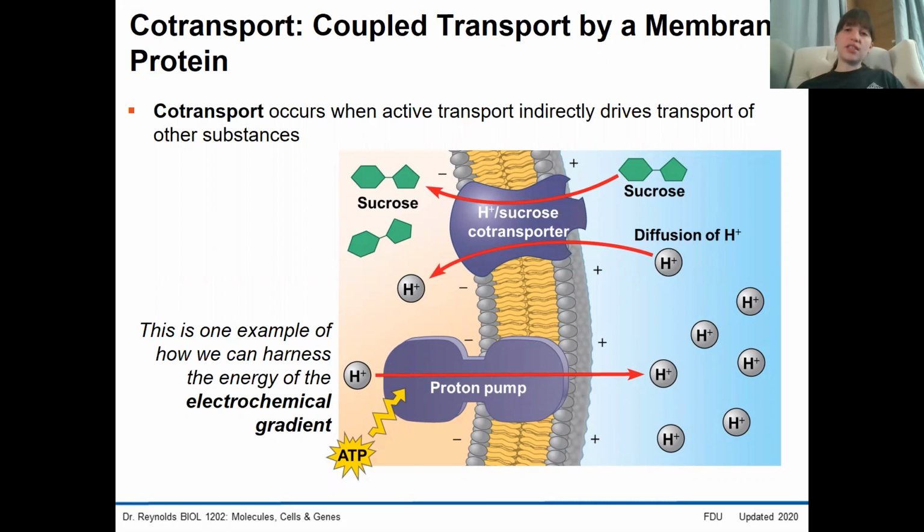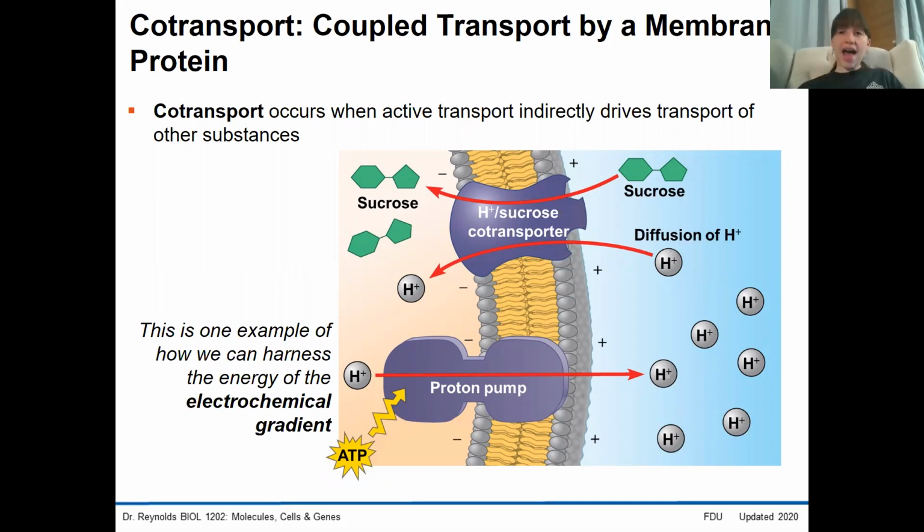But because this passive transport results in the release of energy, we can couple it to the transport of another molecule. When we do so, the energy used to pump the proton gets harvested in the transport of other substances. This is co-transport, co meaning both, because both of these substances will be pumped back across.